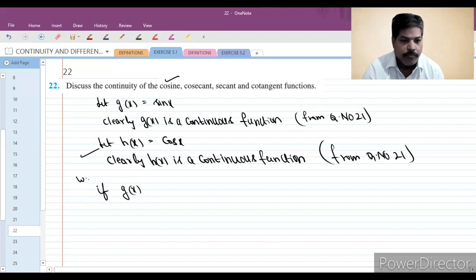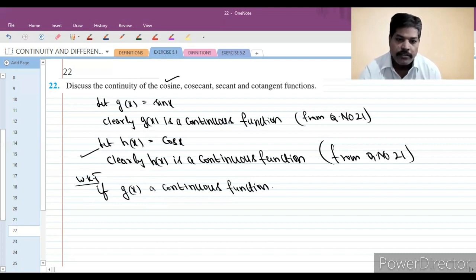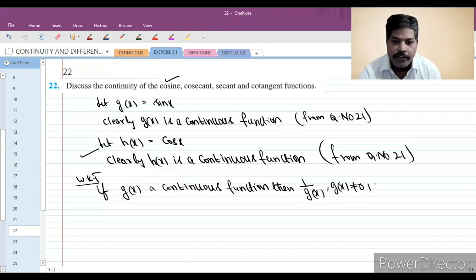We know that if g of x is a continuous function, then 1 by g of x, comma, g of x not equal to 0, is a continuous function.